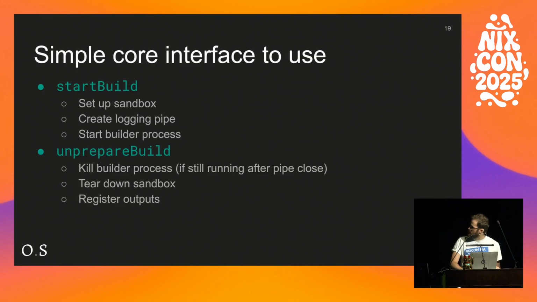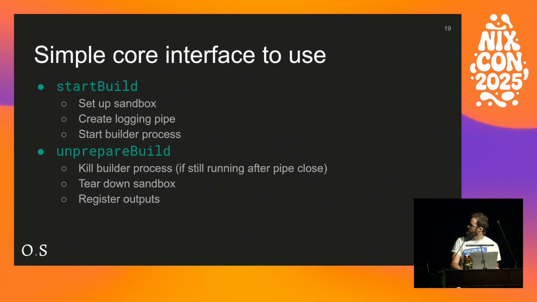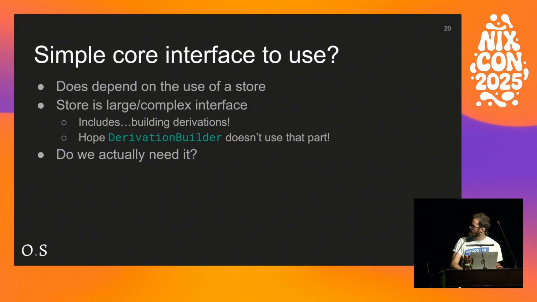However, I said at the beginning, the current way things work, all this requires a store, which is the main abstraction in the store layer, so named, of Nix, that it's a giant class that does all the things. And if the whole point is that we want, in new implementations and other new experiments, to use this derivation builder interface, if it depends on the store, then we're kind of back where we started.